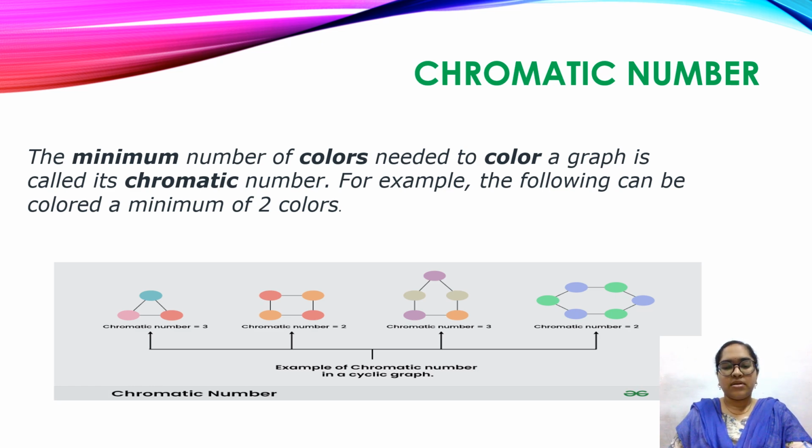But when you look at the third diagram in the presentation, we have five vertices, and here we have used only three colors. So the graph is with 5 vertices, but we have used only 3 colors. This minimum number of colors is known as the chromatic number.